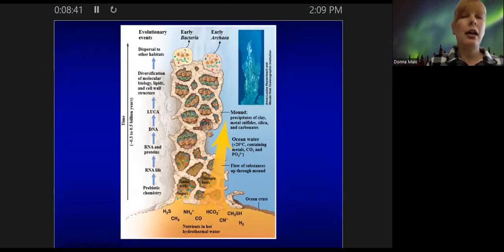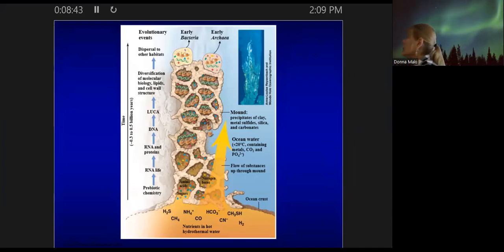Okay, let's see. This is another image with a little bit more of the chemistry of what might be happening, put on some time scale again. At the bottom of this image, first it was just chemicals floating around in those hydrothermal vent areas.